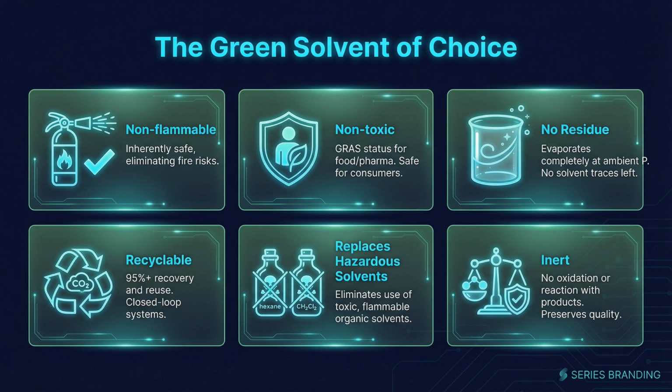When you reduce the pressure, CO2 simply becomes a gas and evaporates completely, leaving zero residue in your product. This eliminates costly solvent removal and testing steps. The CO2 can be recovered at 95% or higher efficiency and recycled back into the process. And it replaces truly hazardous solvents like hexane and dichloromethane from industrial processes.